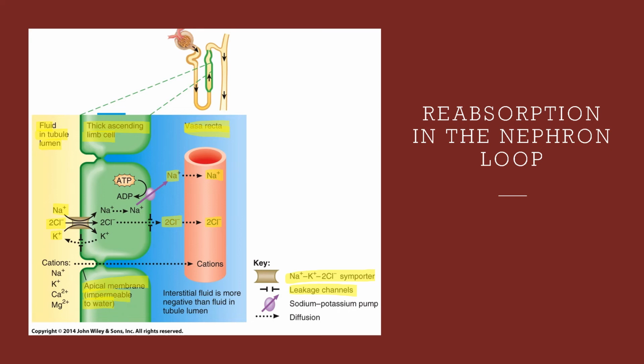Now, there are many of these potassium leakage channels in the apical membrane. So because of this, most of the potassium that's brought into the cell is going to move down its concentration gradient and kind of just travel right back into the tubular fluid. So because of this, the main effect of the sodium, potassium, chloride symporters is really just going to be the reabsorption of sodium and chloride.